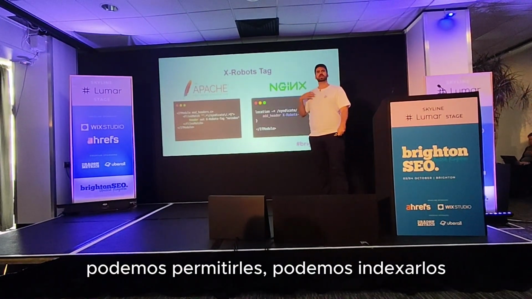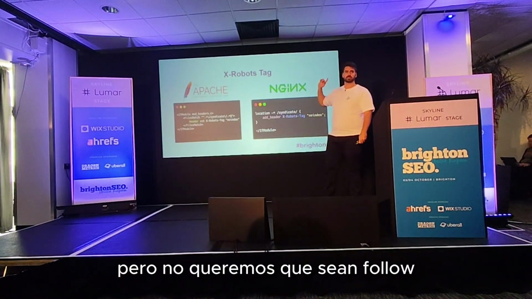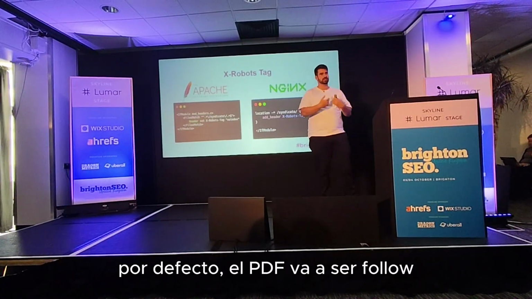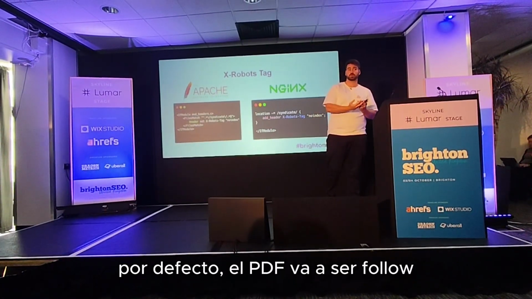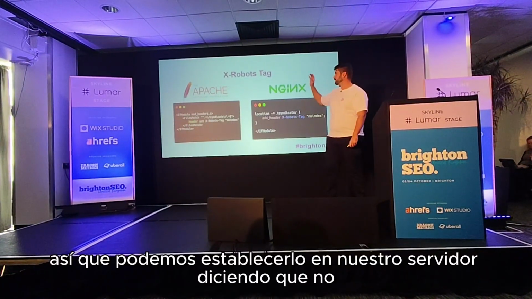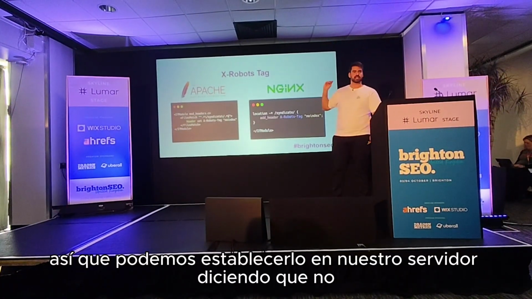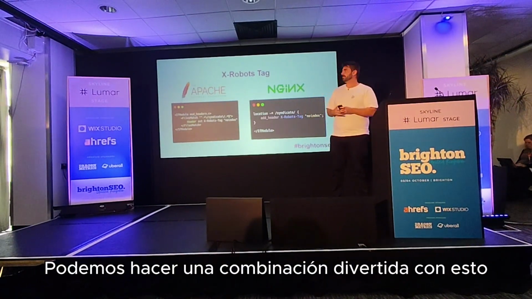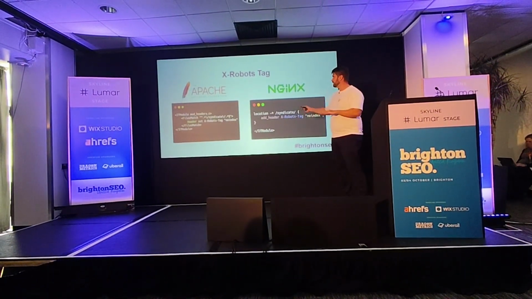We can upload them, we can index them, but we don't want them to be followed. By default, the PDFs are going to be followed. We cannot set the HTML tags in a PDF, so we can set in our server, no, I don't want this followed. We can make some funny combinations with this.